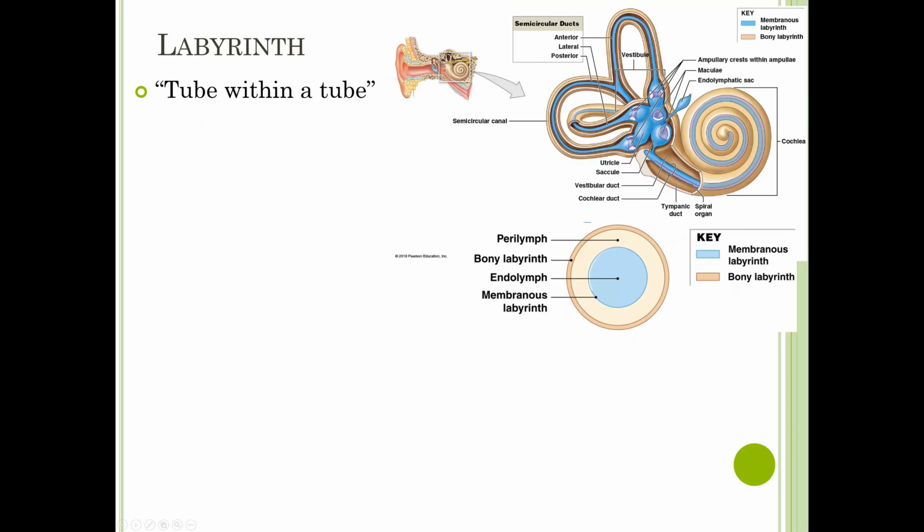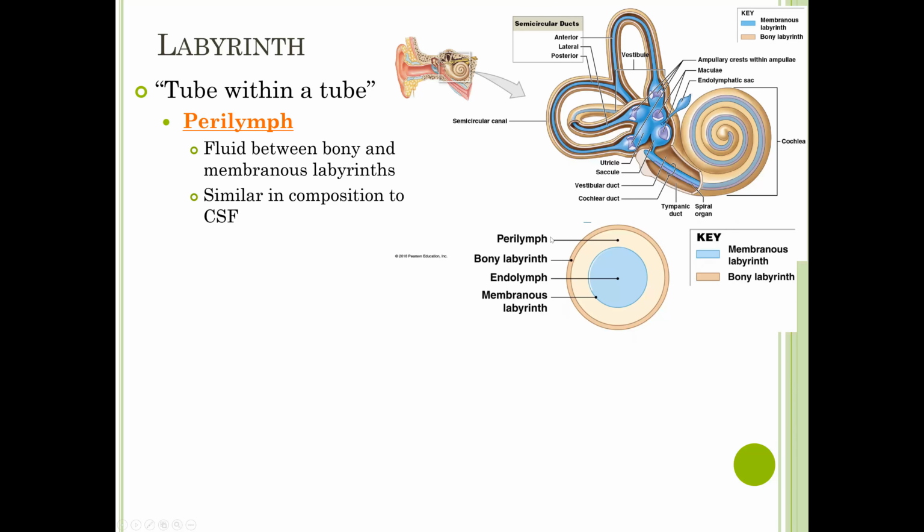So if we look at the inside of the labyrinth, now you can see the tube within a tube structure a little bit better. So the bony labyrinth is the outer bony part. Then you have a fluid-filled chamber, and then you have a membranous hollow chamber that is itself also filled with fluid.